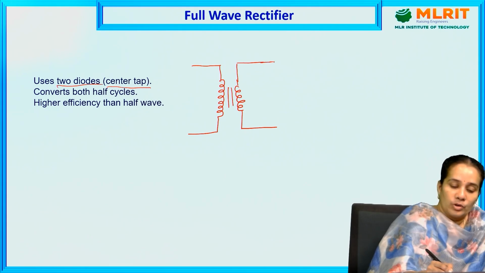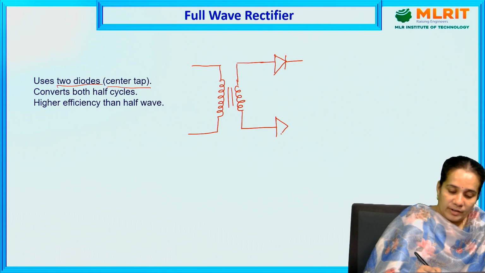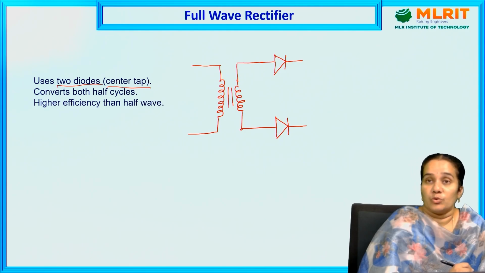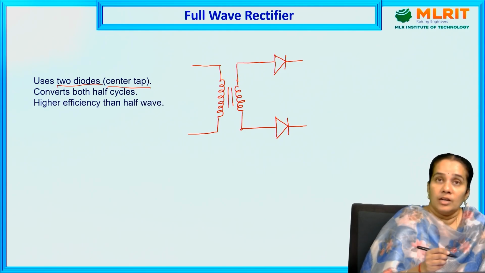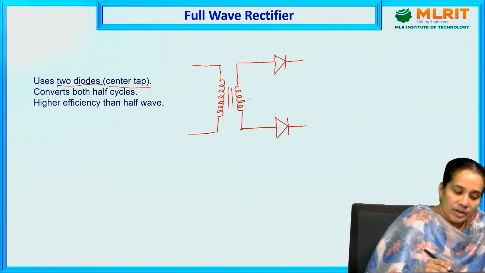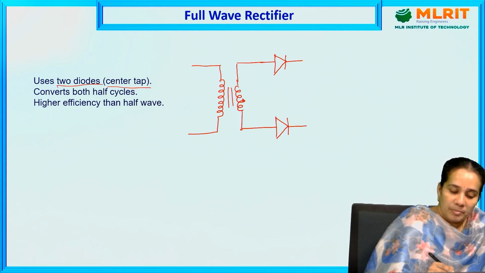One diode is connected to one terminal of the secondary winding, and another diode is connected to the other terminal of the secondary winding. So the two diodes are connected to the two ends of the secondary winding, and the secondary winding is center tapped. Center tapped means the secondary winding is equally distributed.